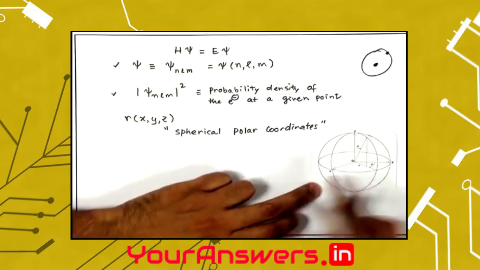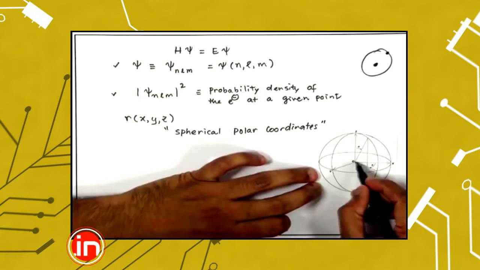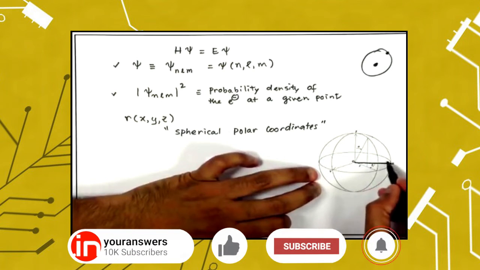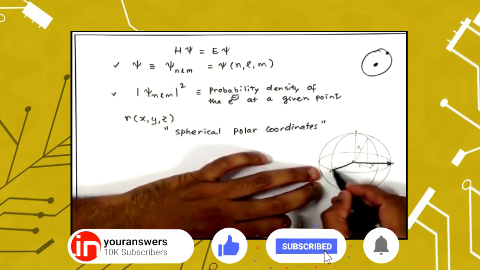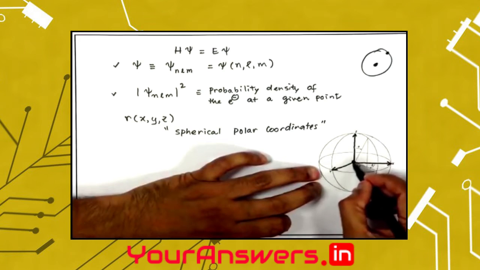This is what I show you here. The spherical polar coordinates are given, along with their relationship with the Cartesian coordinates. We have the x axis, y axis, z axis, the 3 axes, and this is the origin.